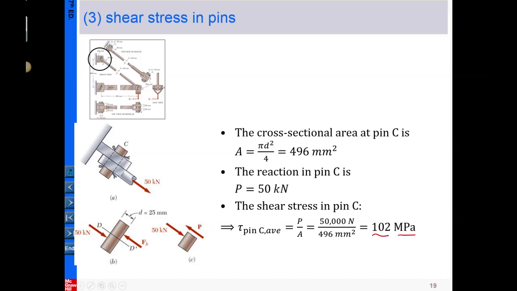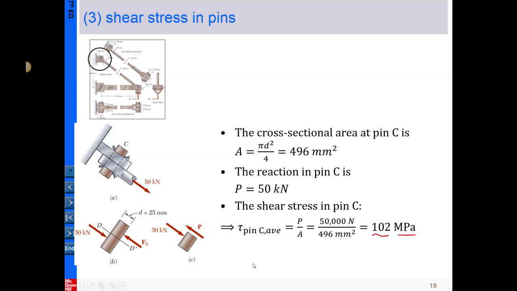And here you may ask me, do we need to determine the direction? If you could, just like you already labeled in your free body diagram drawing here, from this correct labeling of the direction, you have already categorized the shear stress.